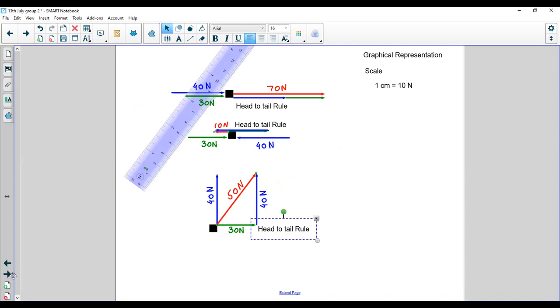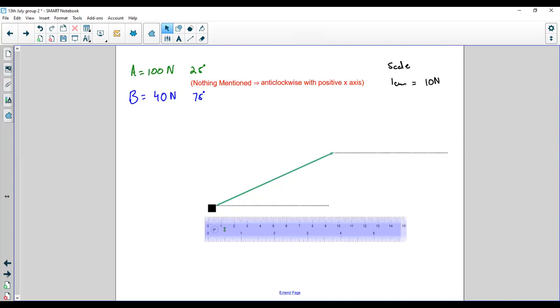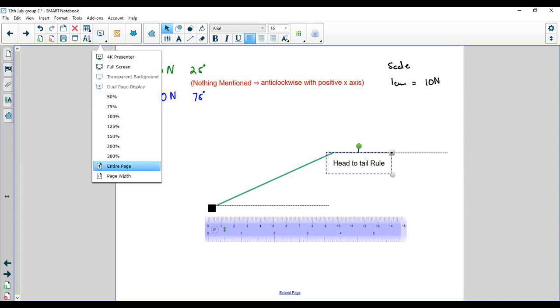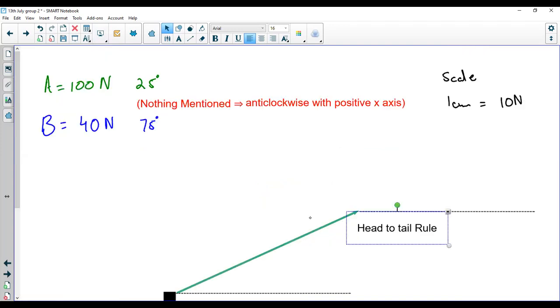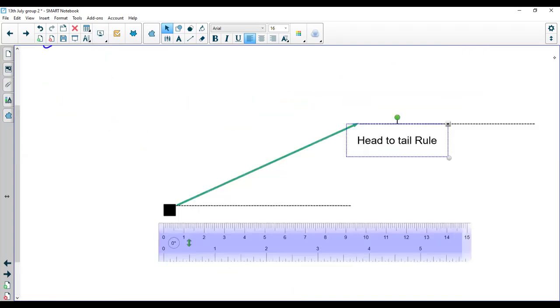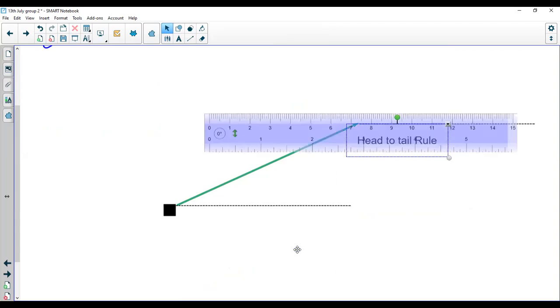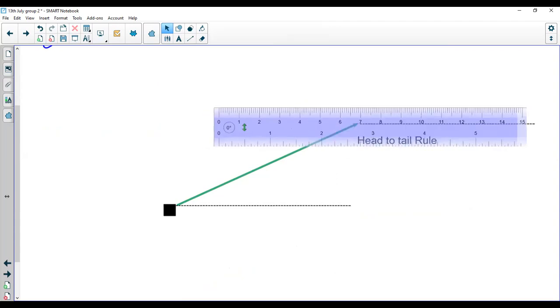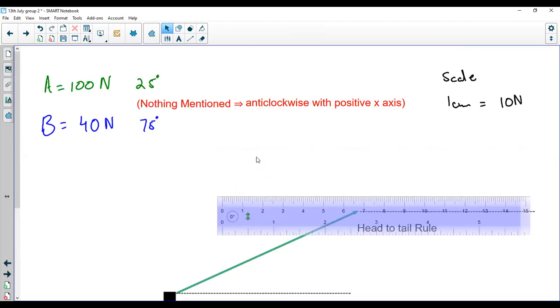So to join the second vector, I draw the second vector at the head of the first one. I again use the scale. I need a 75 degree angle with the horizontal, and I need to draw a 4 centimeter long line.